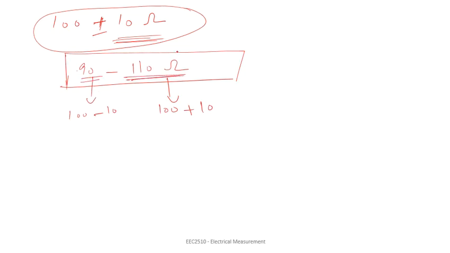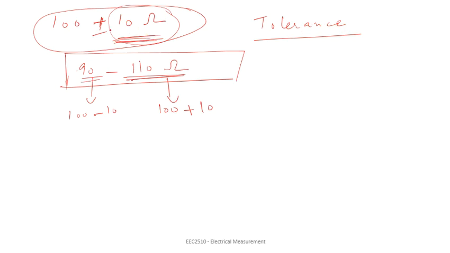The manufacturer already gives you this specification. He tells you in advance that it has this much error, or this much accuracy rather. And many a times this error is also called the tolerance. This is one more term which can be used here.